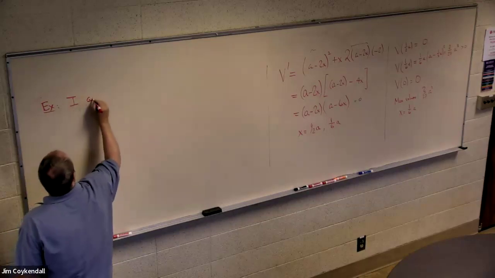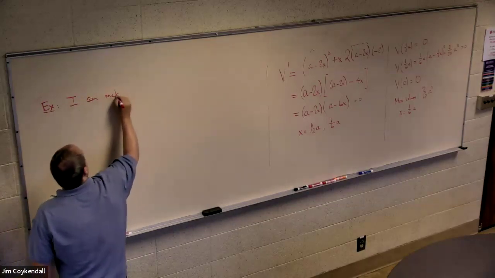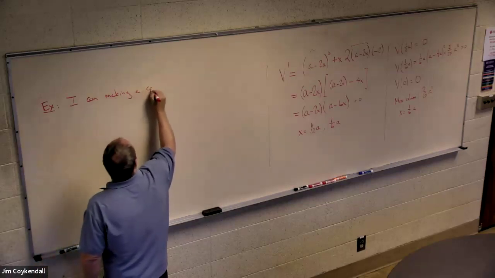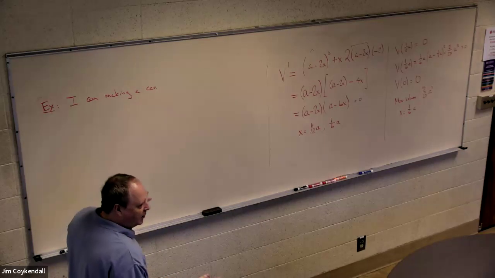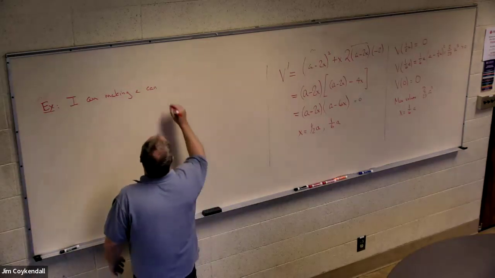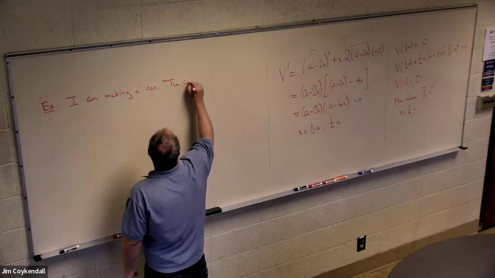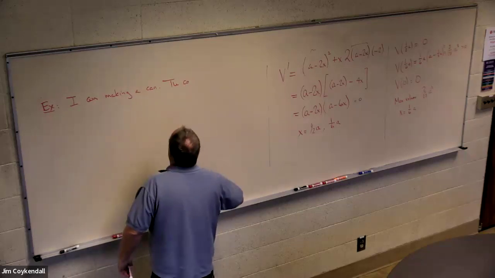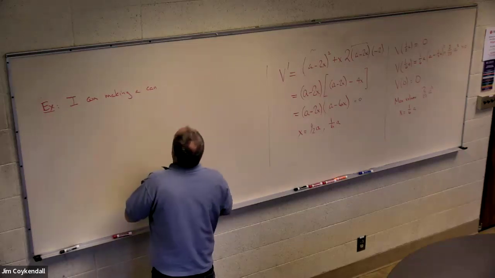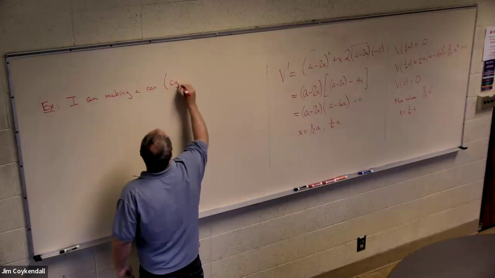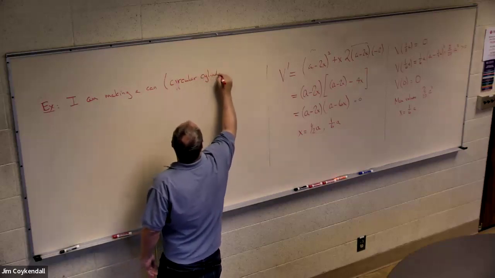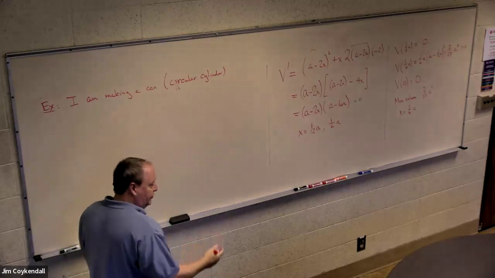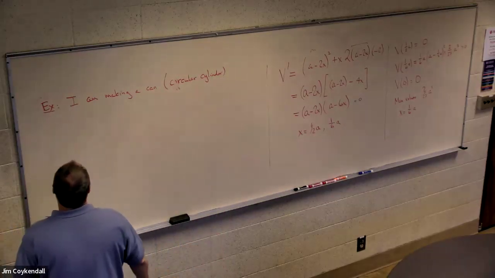I am making a can. And I want my can to hold something: green beans, motor oil, whatever. The cost is specific. Circular cylinders. So it's kind of like a can of soup, for example.